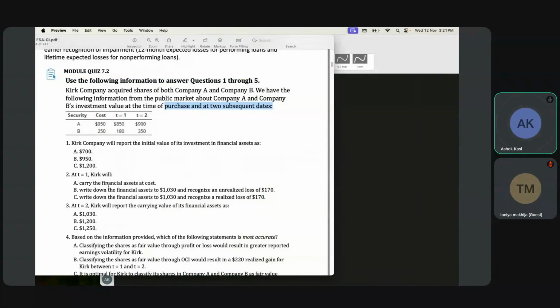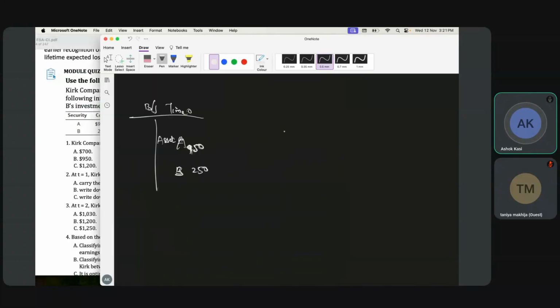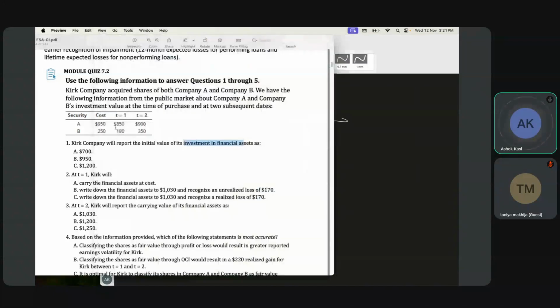At time 1, the company acquired investments with the following values, investments in financial assets. At time 1, only fair value is given in the market.